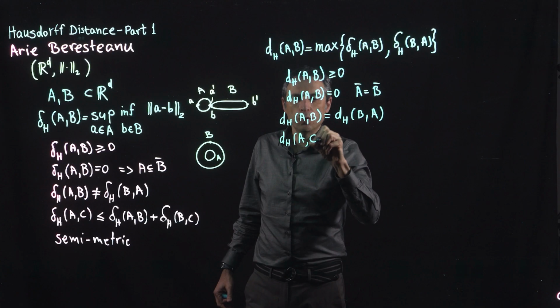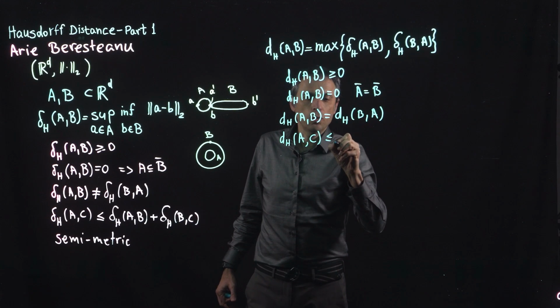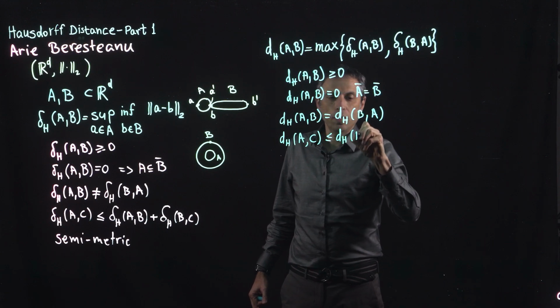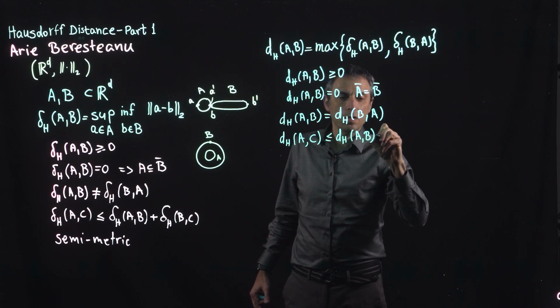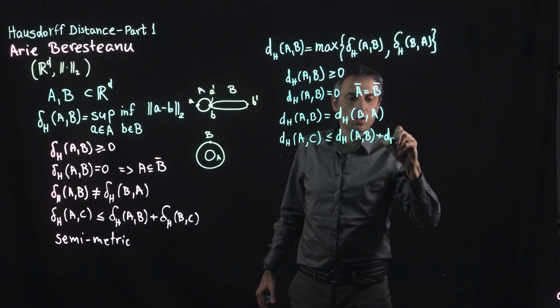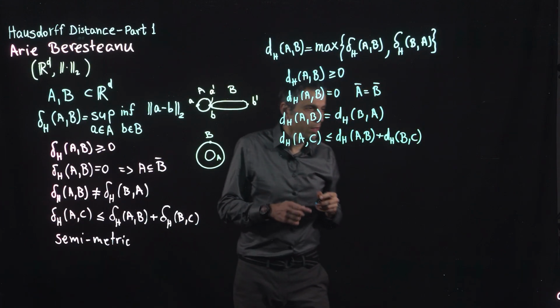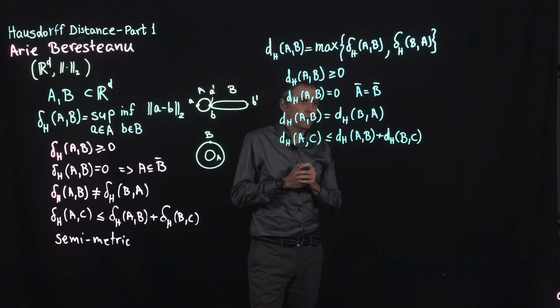So going from A to C is less than or equal to the distance from A to B first, and then D_h going from B to C. So that's correct.